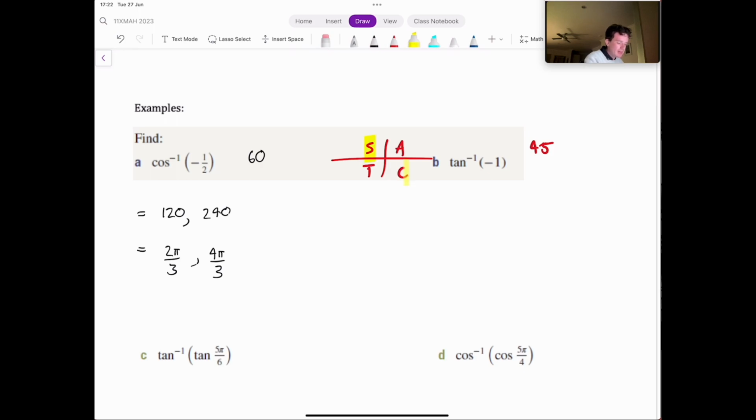Tan is negative here and here, so it's going to be equal to 180 minus 45, which is 135, and 360 minus 45, which is 315. Converting that to radians, 135 divided by 180 is 3 pi on 4, and 315 divided by 180 is 7 pi on 4.